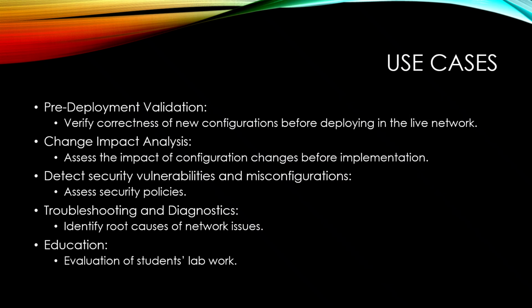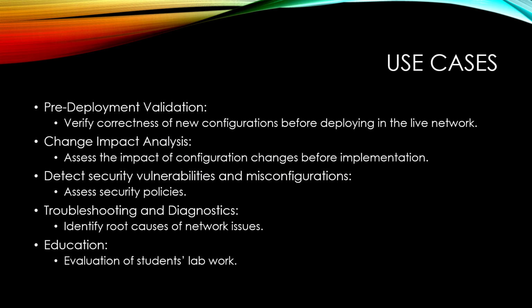There are multiple use cases for Batfish. The first one is what I mentioned before. You take configuration files and check them before deployment, to make sure that they are correct. Another use case is to see the impact of any change you make.